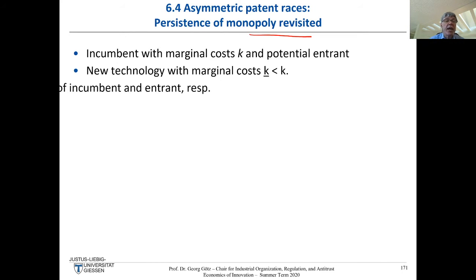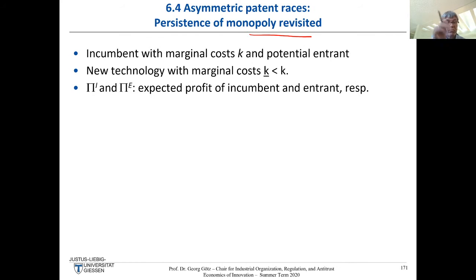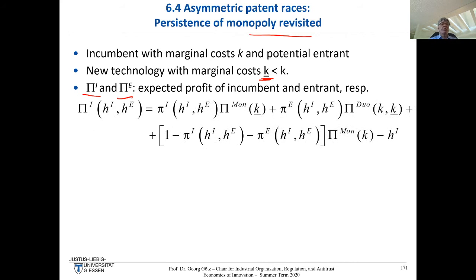Okay? Again, same setup as, hopefully you remember, after the Arrow model, we discussed that. So we have some new technology allowing production at lower costs. Currently, we have some monopolist. Pi I would be the expected profit of the incumbent, and pi E would be the expected profit of the entrant.